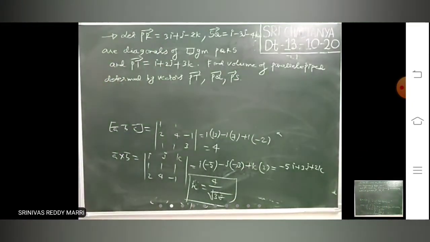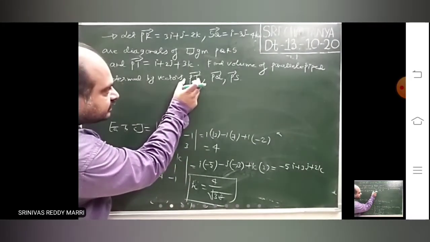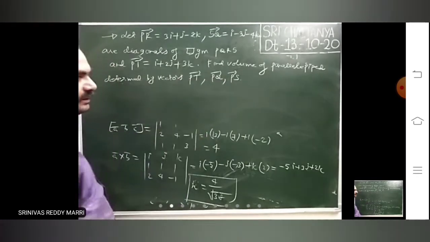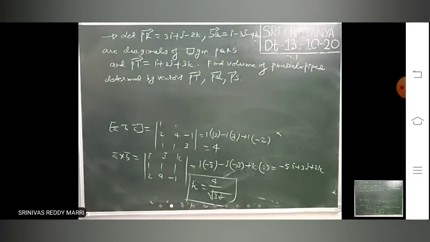So this is what you have to calculate. Determined by means what? These are coterminous edges, because look at P, P, P. These are coterminous edges of the parallelepiped.